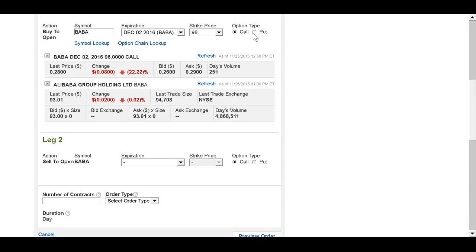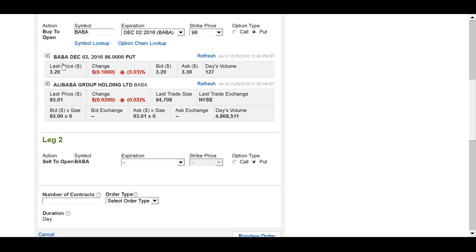All right, so put options pretty much work the same. If you have an in the money put option, these 96 strike put options have $3 worth of intrinsic value, and I got that by taking the strike price and subtracting the current stock price for put options. That'll get you the intrinsic value, because if you owned the 96 strike put, that means you could buy Alibaba for $93 a share, and the put would give you the right to turn them around and sell them for $96 a share, therefore giving you a $3 per share profit.